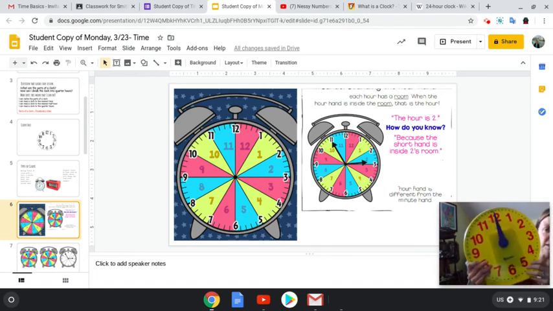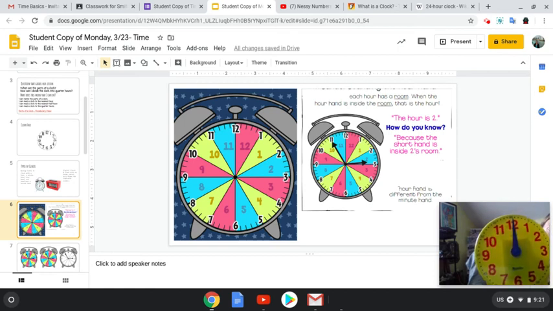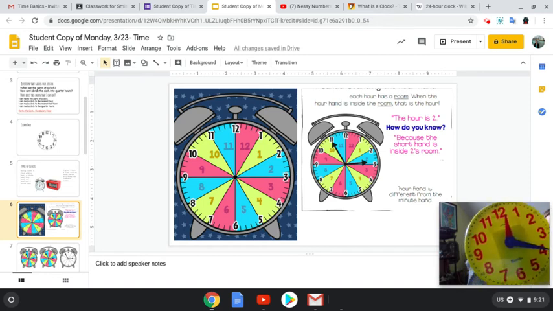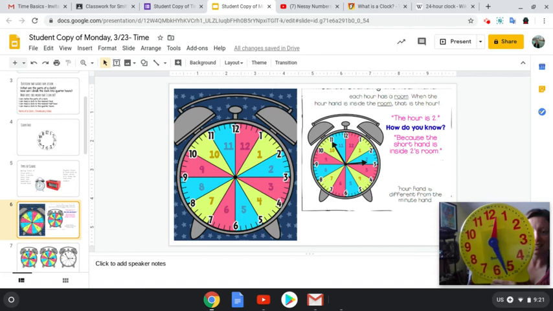Now this one, you'll notice as the time starts moving, it's the minute hand moving, and that's where we get our 60 minutes in 1 hour, because this minute hand goes all around. And it's going around 60 times.